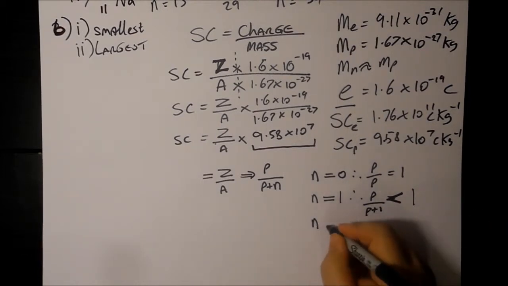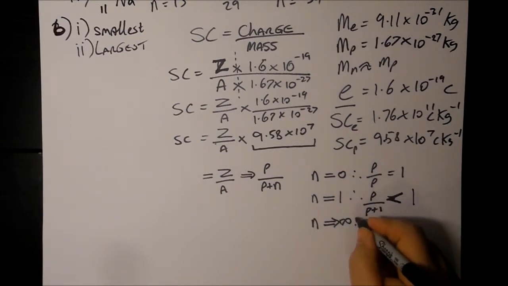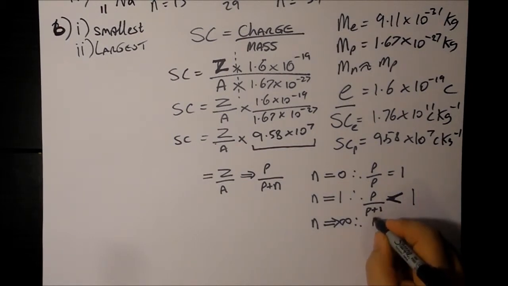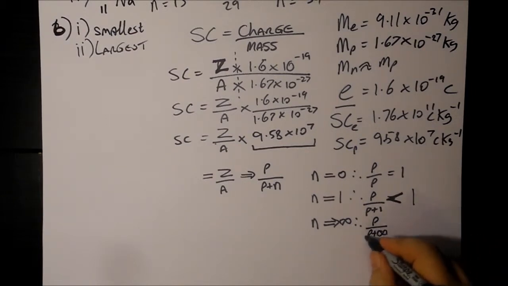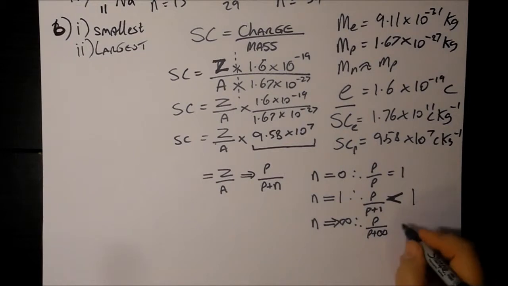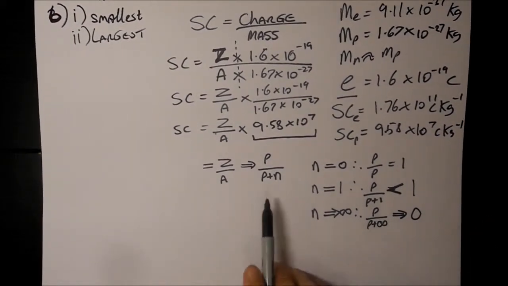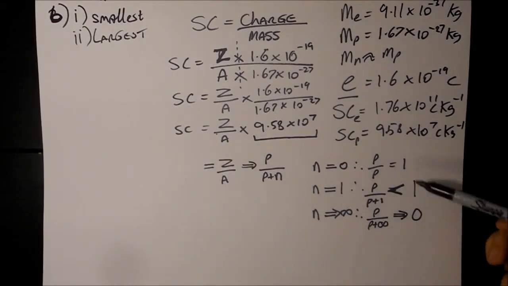And the last thing we can look at is, what about if N approaches infinity? I.e., what if N becomes very, very, very big? And then you have P over P plus infinity, or a big number, and that means this is going to become huge compared to this, and that means that this is going to become almost 0. So you can see that depending on the value of N, we could get a number out for this ratio that's somewhere between 0 and 1.